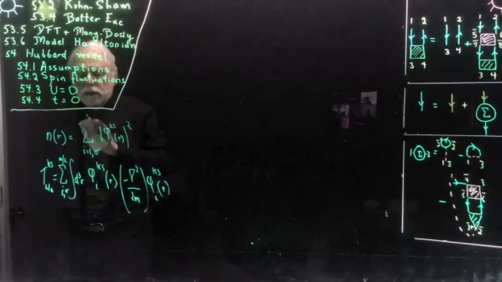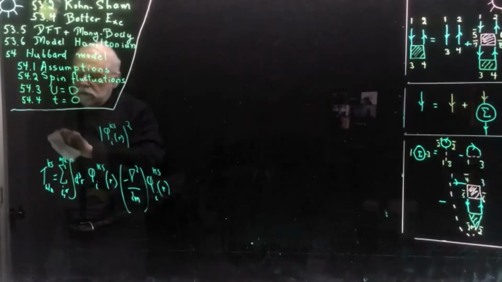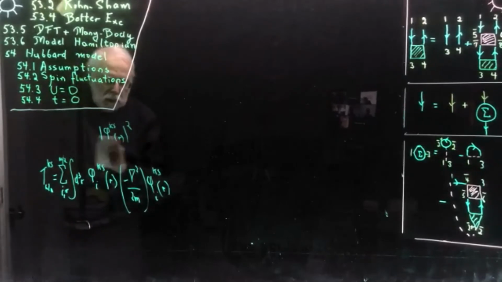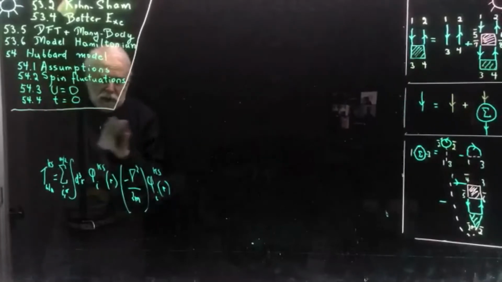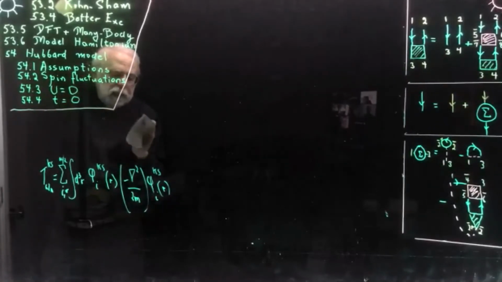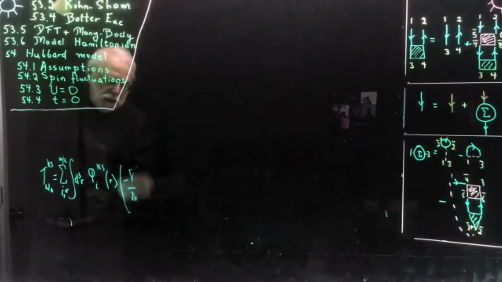And it was found already in 1937. So in 1937, Peierls and Mott proposed that the reason it's an insulator is because of very strong Coulomb repulsion between electrons.